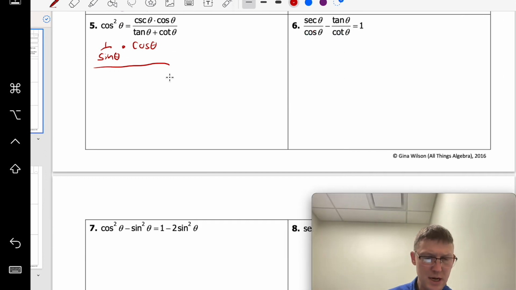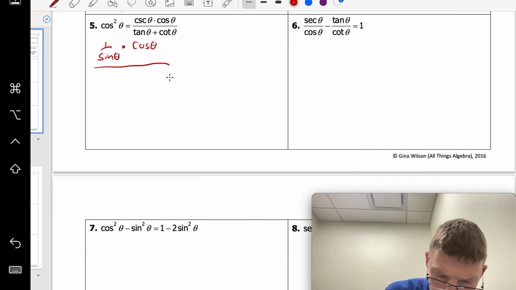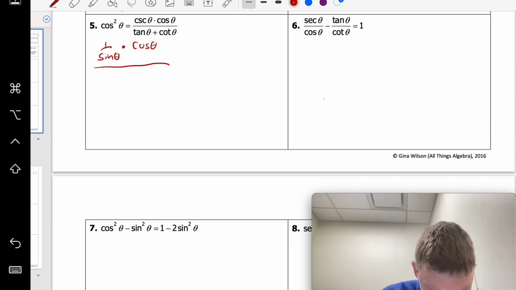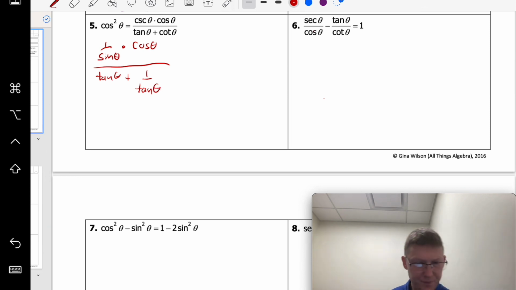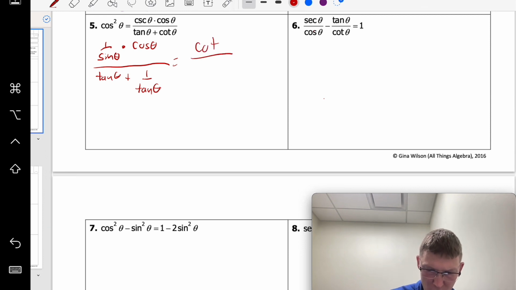Okay, so we've got cosine over sine on the top. So down here, this tangent and cotangent, I have a feeling we might need to add those at some point. So I'm just going to rewrite this as tangent theta plus cotangent, which is 1 over tangent theta. Let's see here, where are we going to go from there?